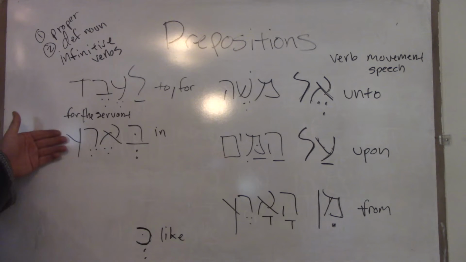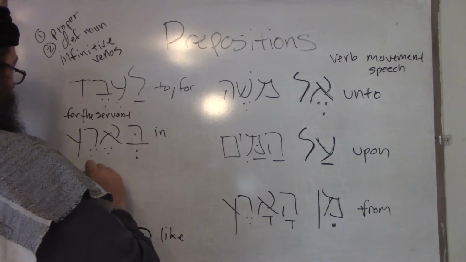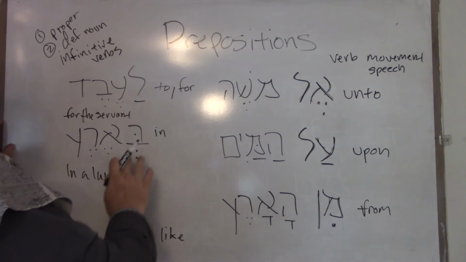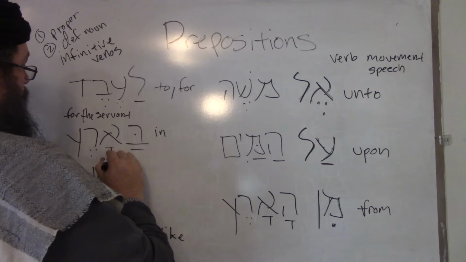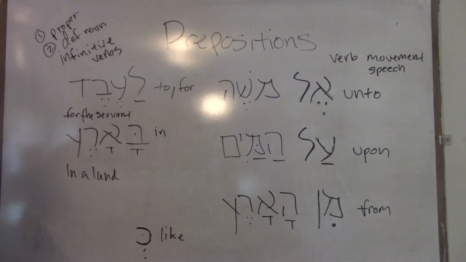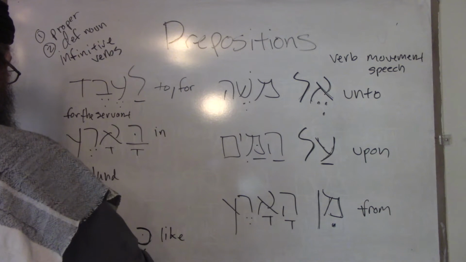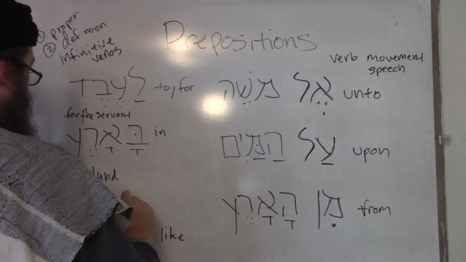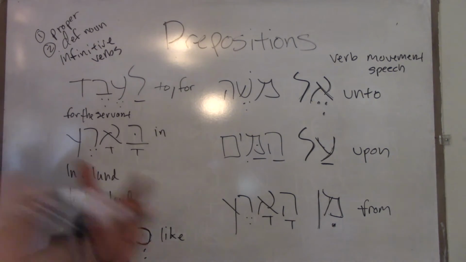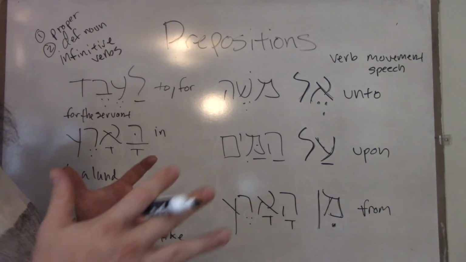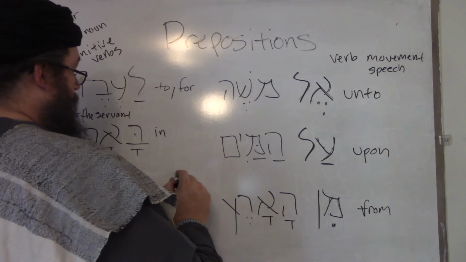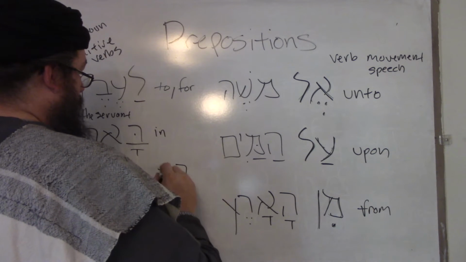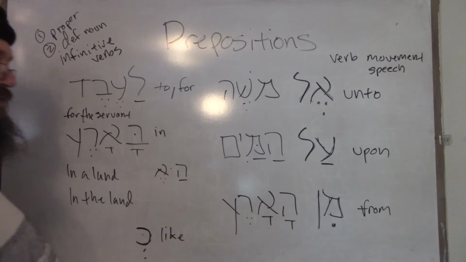The same thing goes here. Ba'aretz is in a land. If I make this a definite article, then I have to say ba'aretz, which now has to be in the land. So the distinguishing difference between the definite and indefinite is going to be the vowel. Now we have to remember, if you go back and look at the vowels, what happens when we have a guttural, okay?